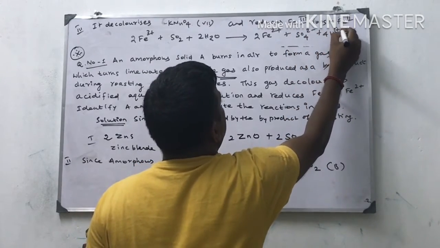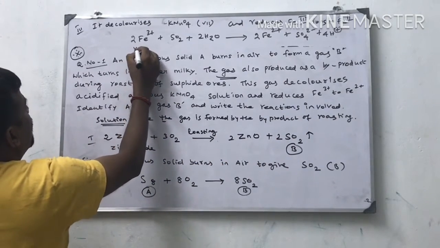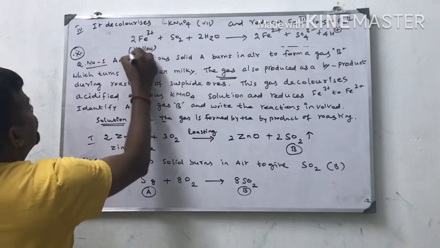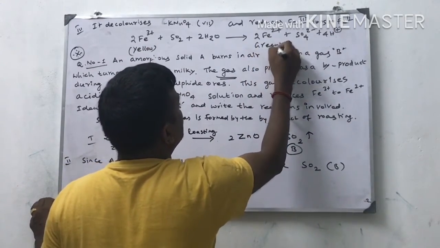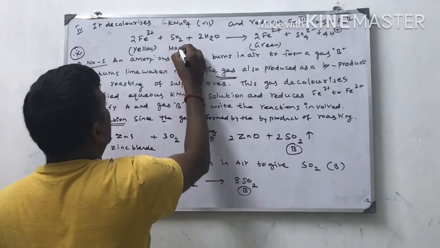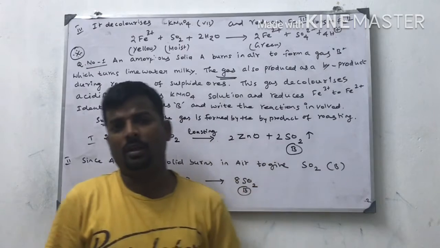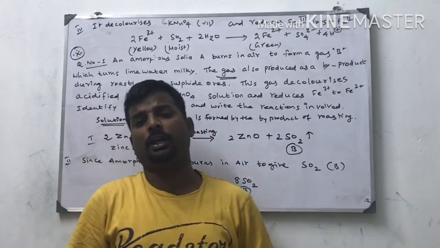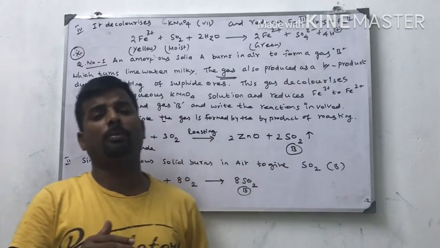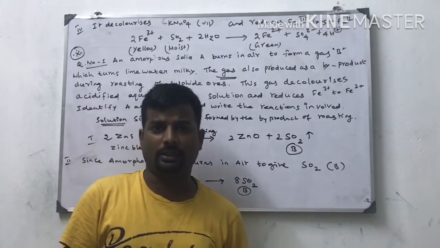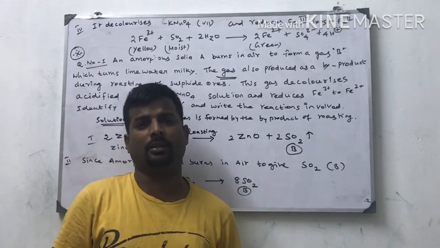Fe3+ is yellow in color and Fe2+ is green in color. For this reaction, moist sulfur dioxide is used. Moist sulfur dioxide behaves as a reducing agent. It converts Fe3+ ion to Fe2+ ion, and it decolorizes acidified potassium permanganate.